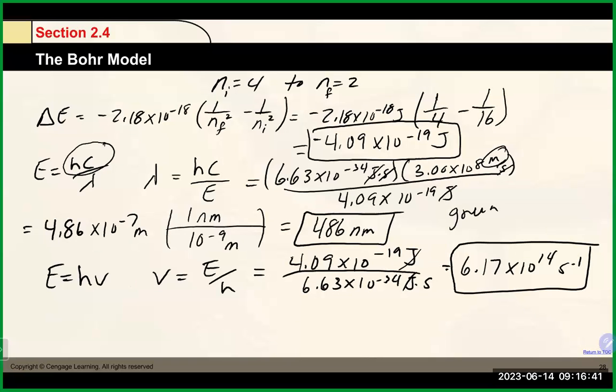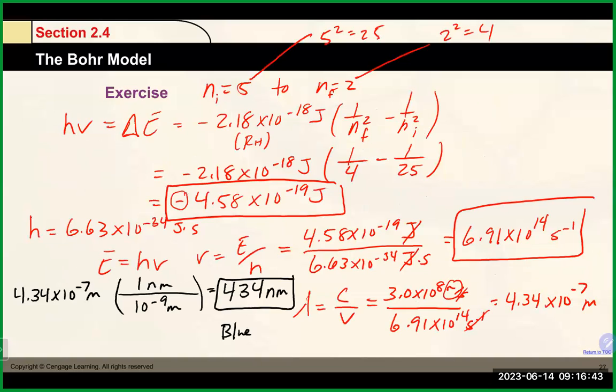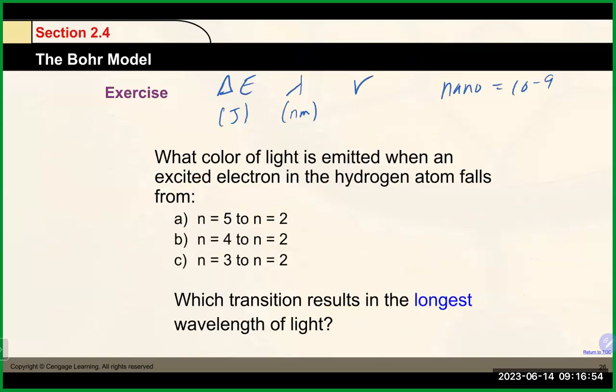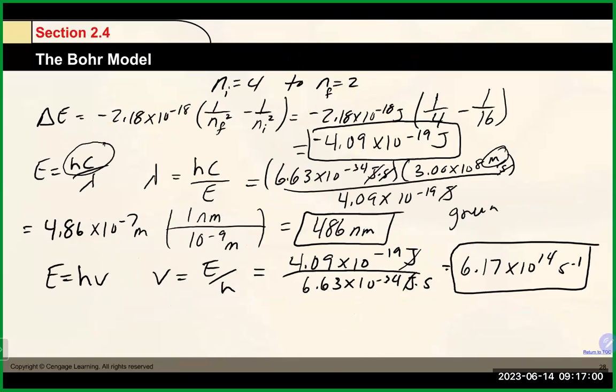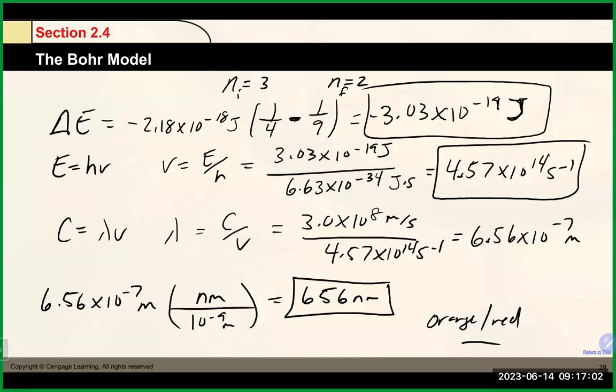For our 4 to 2, we had a wavelength of 486. And for our 5 to 2, we had a wavelength of 434. I don't remember what the original question was asking. Was it the longest wavelength? Yeah. The one that had the longest wavelength was the 3 to 2 transition, which corresponds to orange and red.